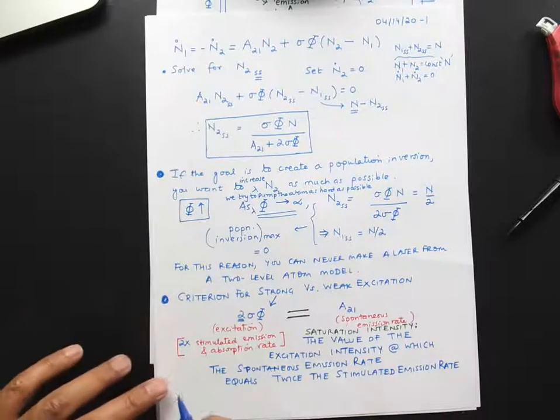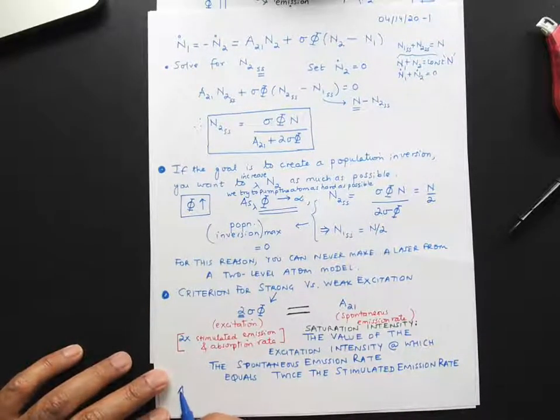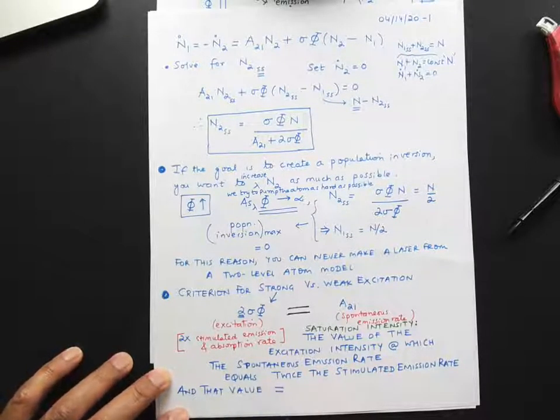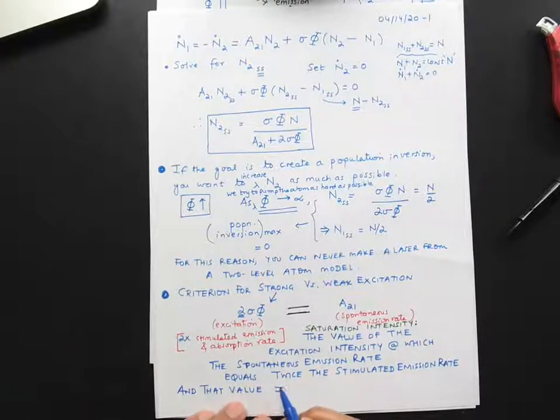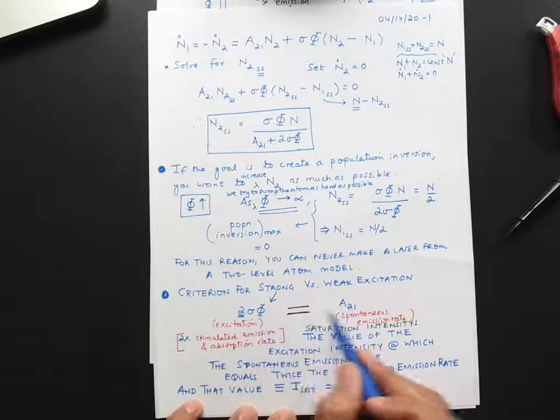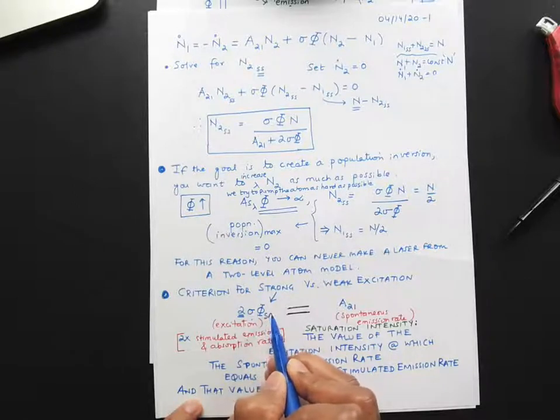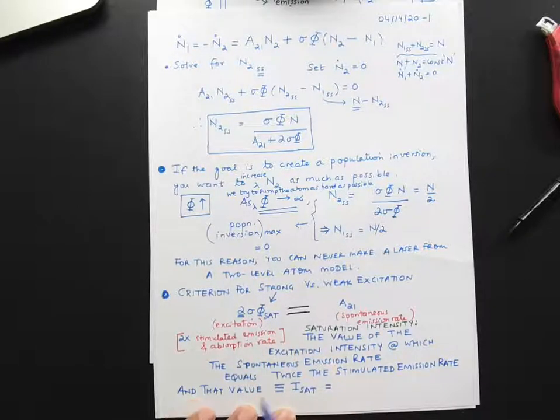So I should write, and that value is defined as I sat, and it's equal to the value at which these two are equal. Let me call that value of the photon flux phi sat.